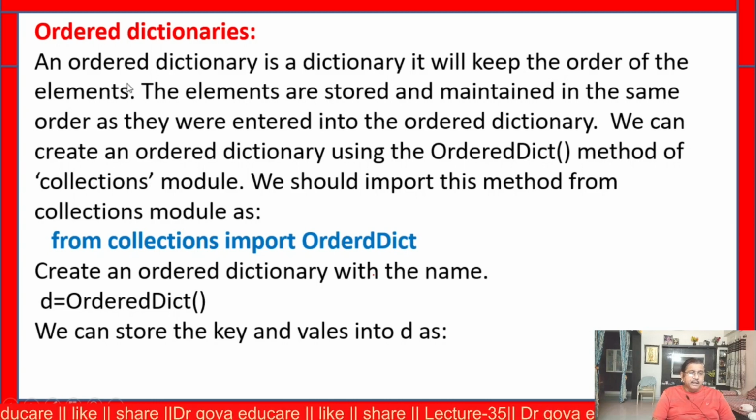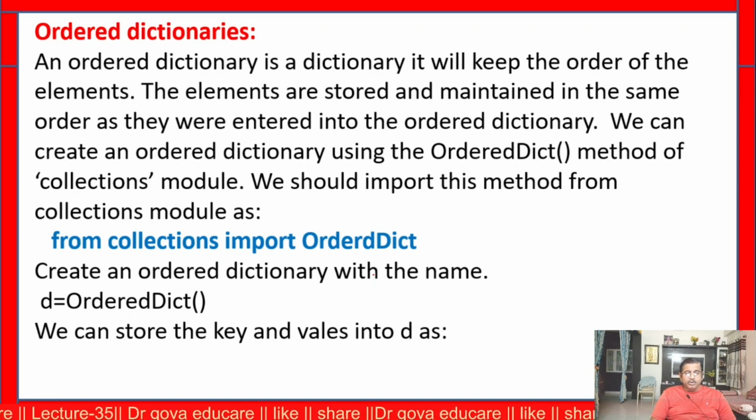Now, observe here, an ordered dictionary is a dictionary that will keep the order of the elements. The elements are stored and maintained in the same order as they were entered into the dictionary. We can create an ordered dictionary using the OrderedDict method of the collections module.